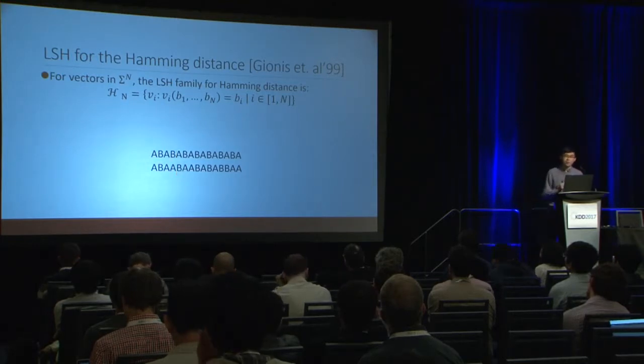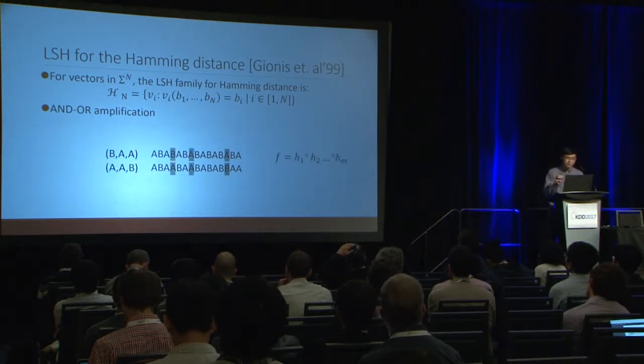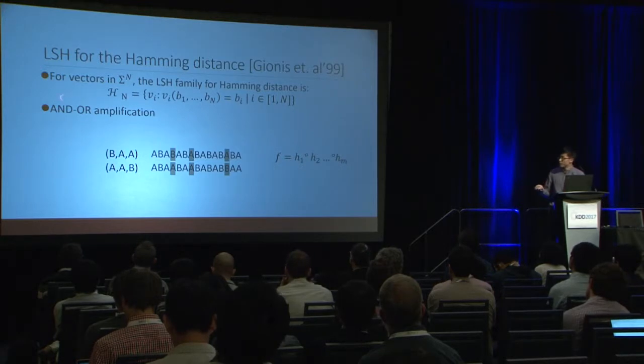In order to amplify the gap between similar and dissimilar pairs, we use a standard AND/OR amplification technique, which is by selecting m such hash functions, each of them randomly sampled from the hash family. In this case, we choose these 3 positions. The signature of the first string is BAA.